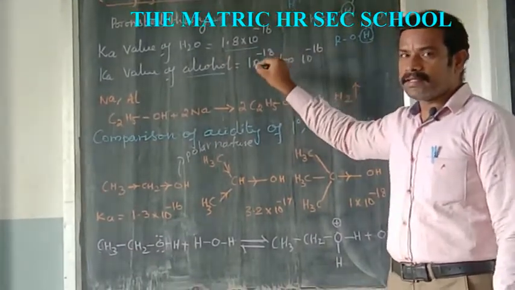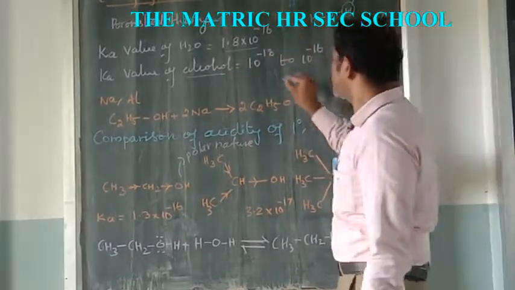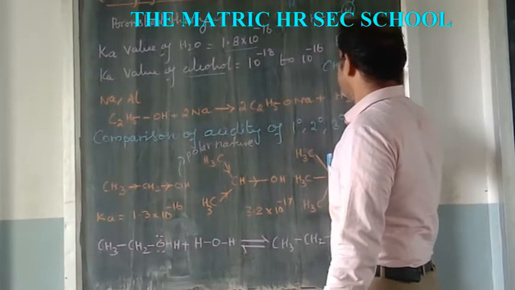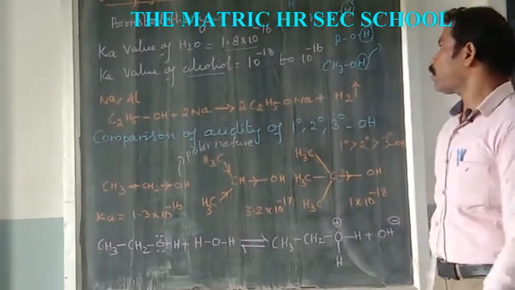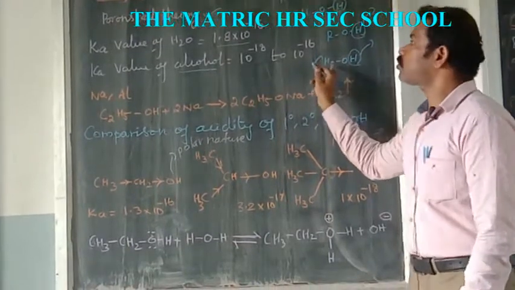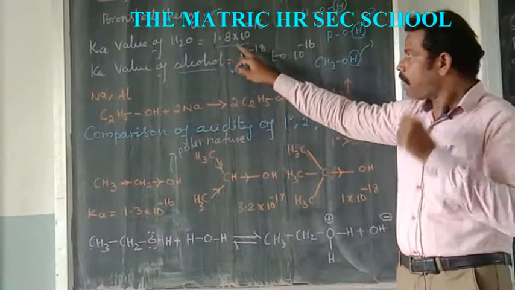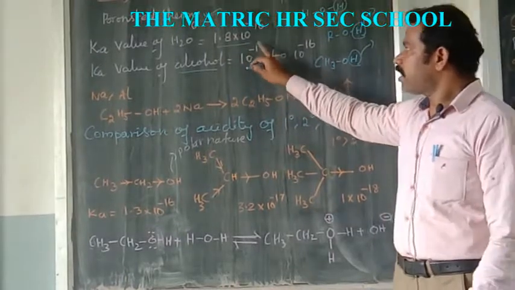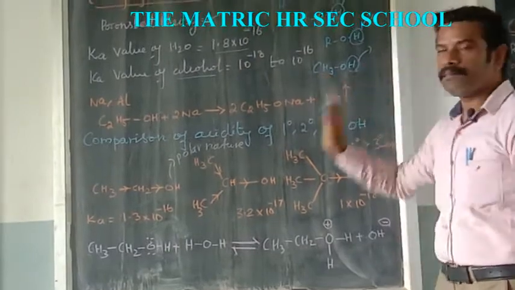Why? The Ka value of water is high compared to the alcohol. But the very first alcohol, methyl alcohol, CH3OH, quickly removes the proton, so it is stronger than water. So water is a stronger acid compared to other alcohols, but it is a weaker acid compared to methanol.